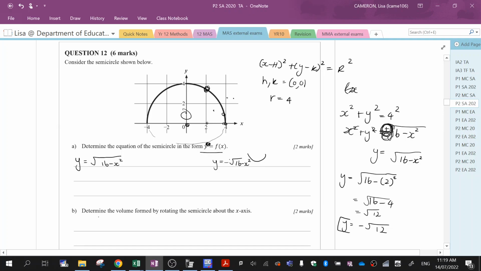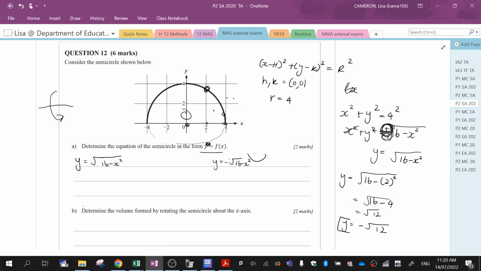Okay, so part B here is determine the volume formed by rotating the semicircle about the x-axis. So if I'm rotating about the x-axis, it means I'm going around like that, which means we're going to end up with a sphere. Okay, so all I need to do is grab my super fabulous formula booklet, which I thought was right next to me. No, that's methods.